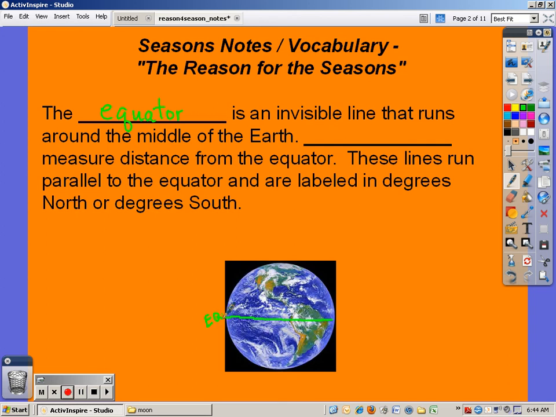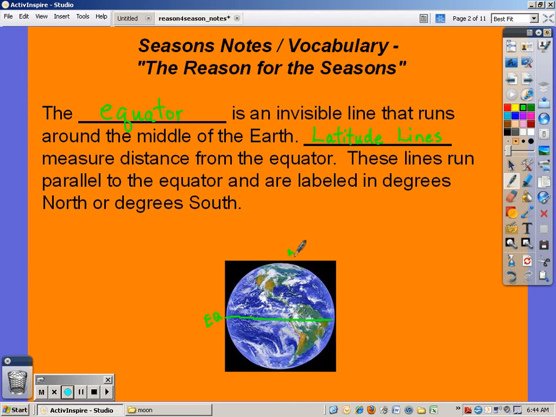Latitude lines. Latitude lines measure distance from the equator. These lines run parallel to the equator and are labeled in degrees north and degrees south.